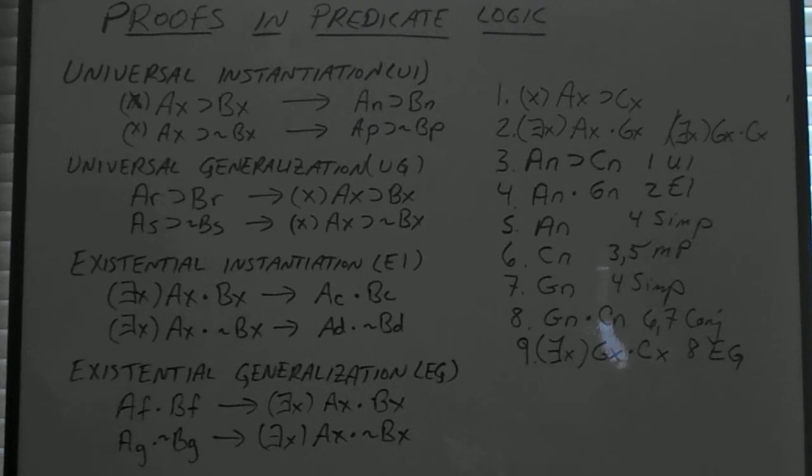Let's take a look on page 473. We have 8.2. And in these exercises, you're given some basic predicate logic arguments, and you're supposed to use these rules along with the other 18 to try to solve them.